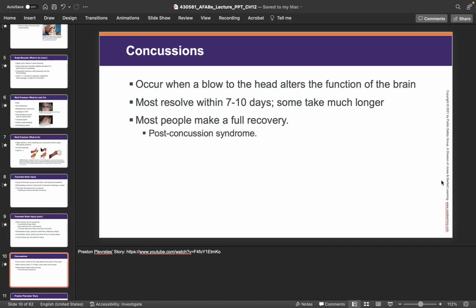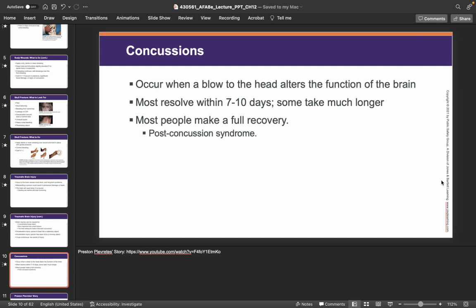But I've also found what a difference it makes to follow the recovery protocol so that people are safe. And when the protocol is followed correctly, people tend to recover much better.